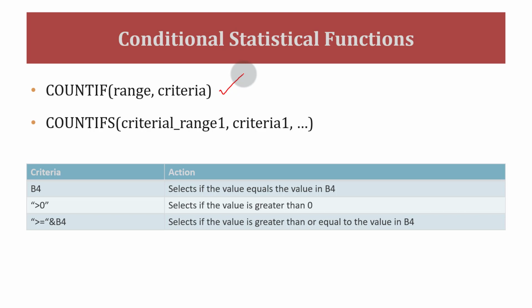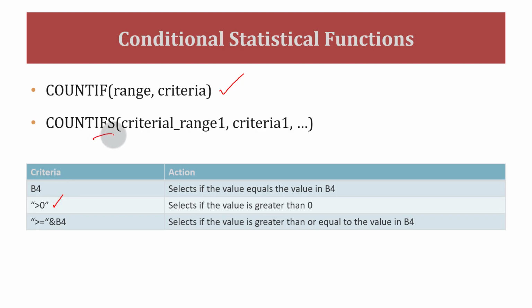And the criteria, if you just put B4, then that's going to select and count anything that's equal to B4. If you were to put, as it states here, greater than 0, it's going to select any values that are greater than 0, and count that within its range. Now, it's not summing. I want you to be very clear here. It's not summing the value. It's counting the number of cells in that specific range.